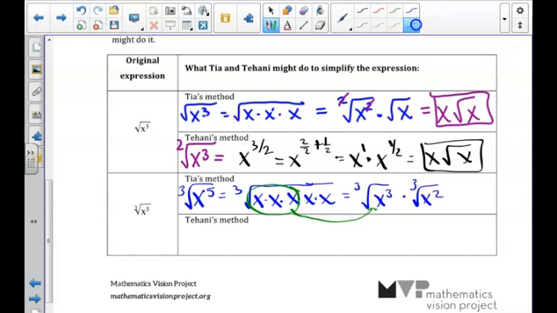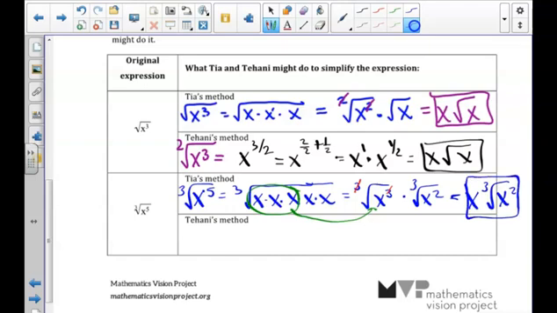Now, if the index and the exponent are the same, they do cancel out. So we would simplify this to x times the cube root of x squared. And that is the simplest that we can go on that.